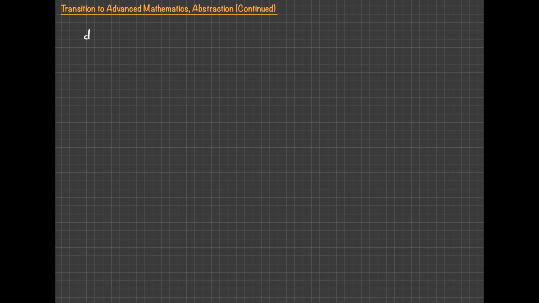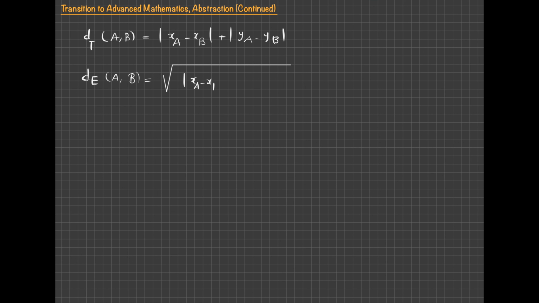So the taxicab metric between points A and B is like this: the absolute value of the difference between x coordinates plus the absolute value of the difference between y coordinates, yes? And then of course the Euclidean metric for the same pair will give you this result, the square root of the sum of squared differences. By the way, there is no difference here between absolute value and the pair of brackets, because this power is even, yes?